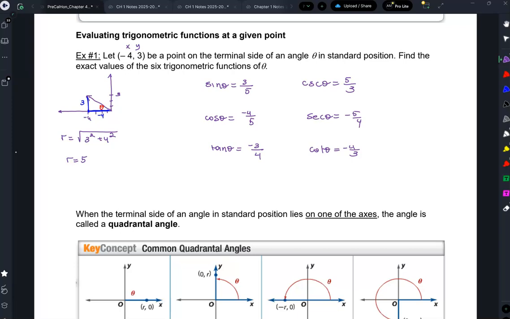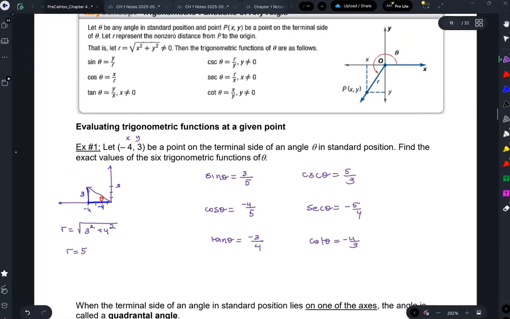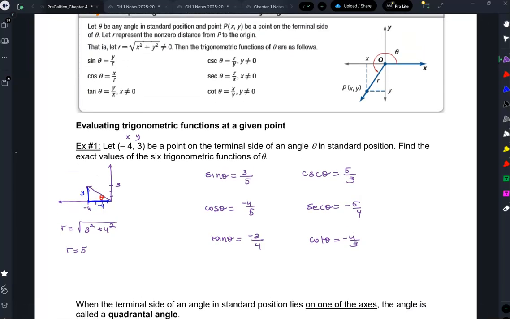Now, this works for any point. The point we did twice now happened to fall within a quadrant. And so what we did here, y/r, x/r, y/x, because it's math, this has to apply for all points anywhere.